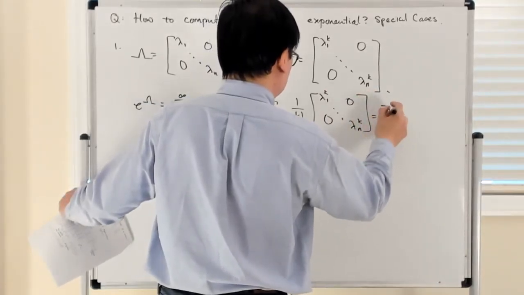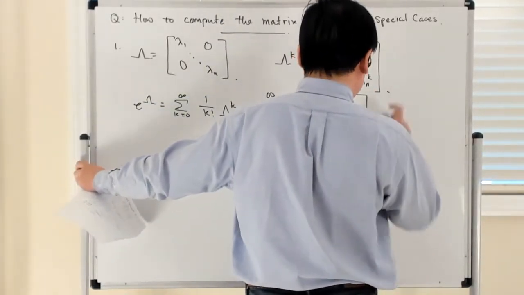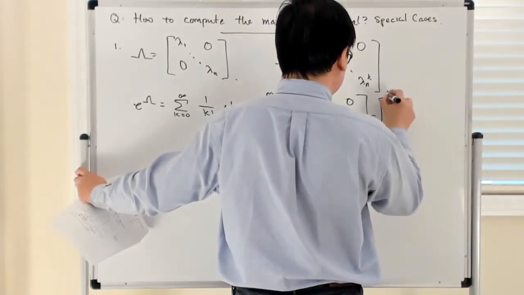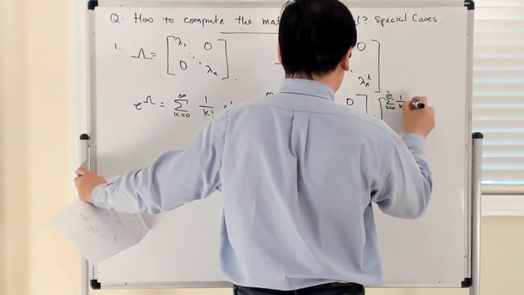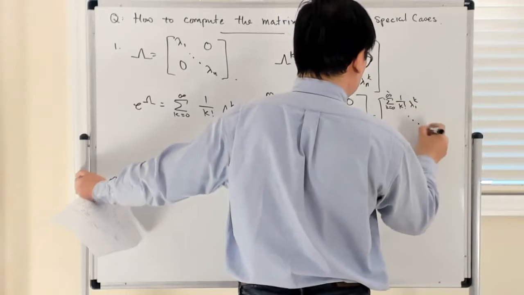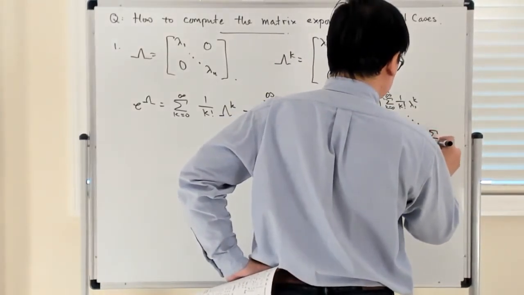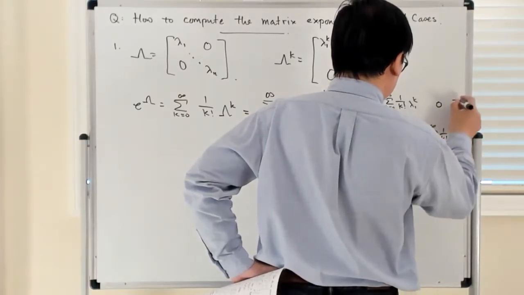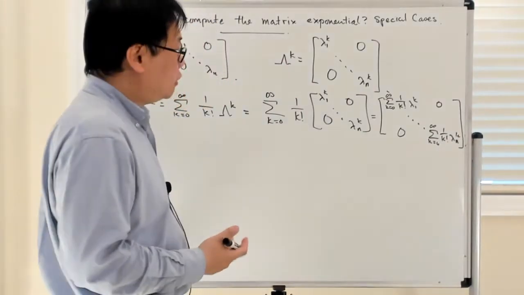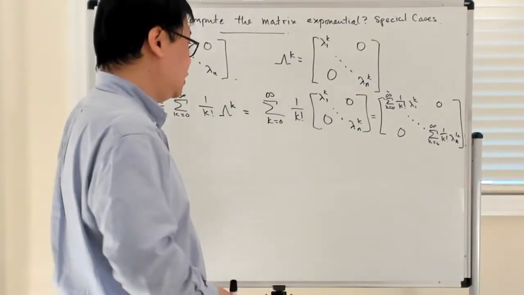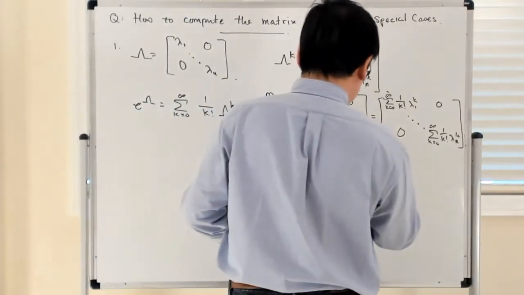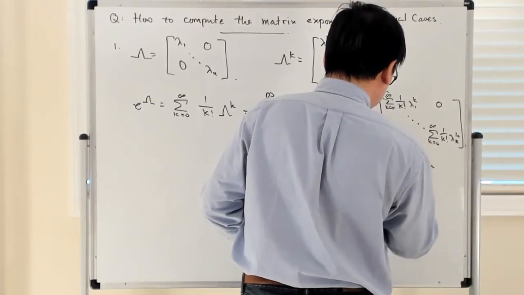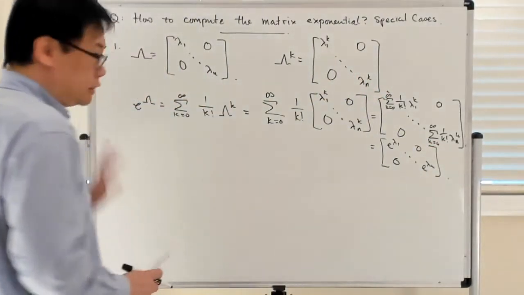This is nothing more than the matrix where I put the sum inside: k equals 0 to infinity, 1 over k factorial, lambda 1 to the k, all the way down to k equals 0 to infinity, 1 over k factorial, lambda n to the k. And of course, that's nothing more than the series expansion for the exponential of lambda 1 all the way up to lambda n. So this is e to the lambda 1, through e to the lambda n. That's relatively straightforward. So that's one case.